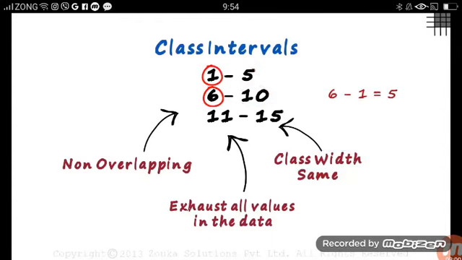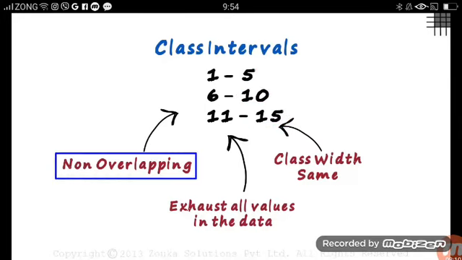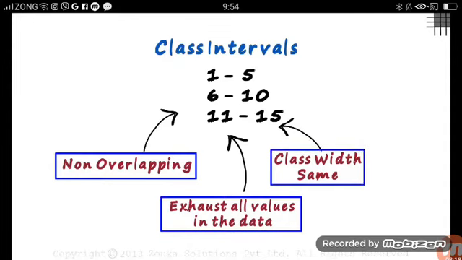So 6 minus 1 should equal 11 minus 6, and 10 minus 5 and 15 minus 10 should also be equal. Remember, they shouldn't be overlapping. The intervals should cover all values in the data, and the class width has to be the same throughout.